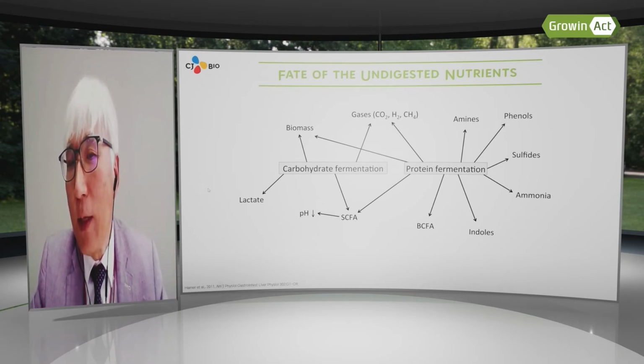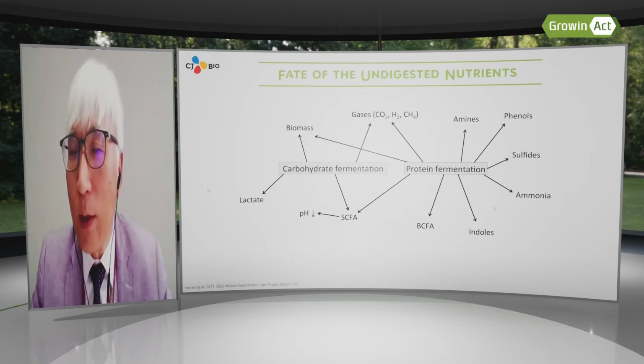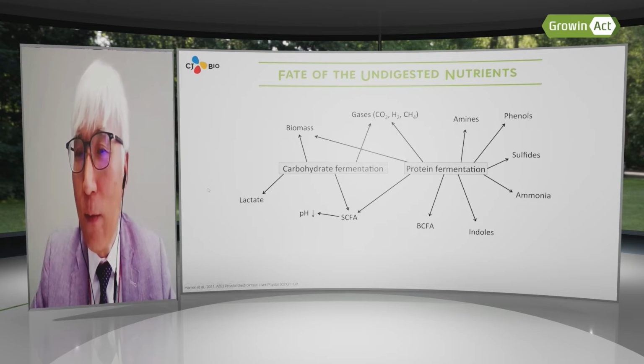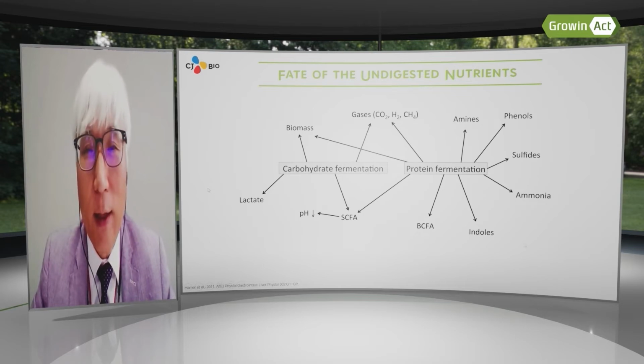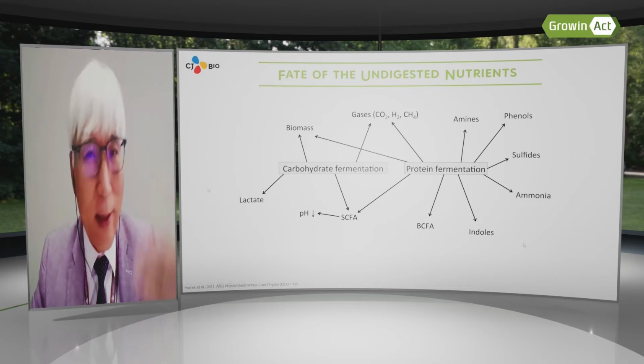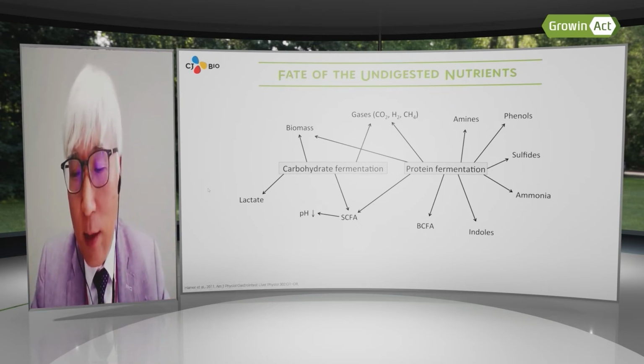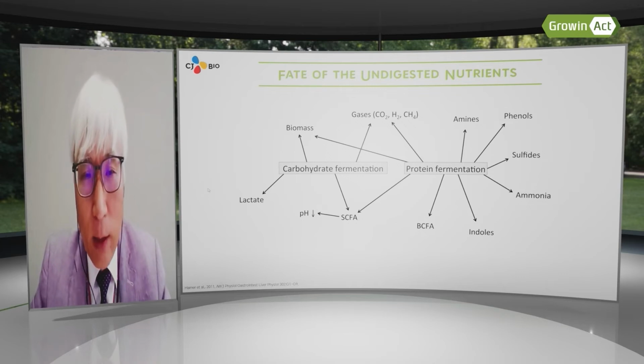And these higher pH are stimulating pathogenic bacterial growth, and also these gases produced by protein fermentation are very toxic and damaging the mucosal layer in the gut, and therefore, in general, increasing energy costs for animals.